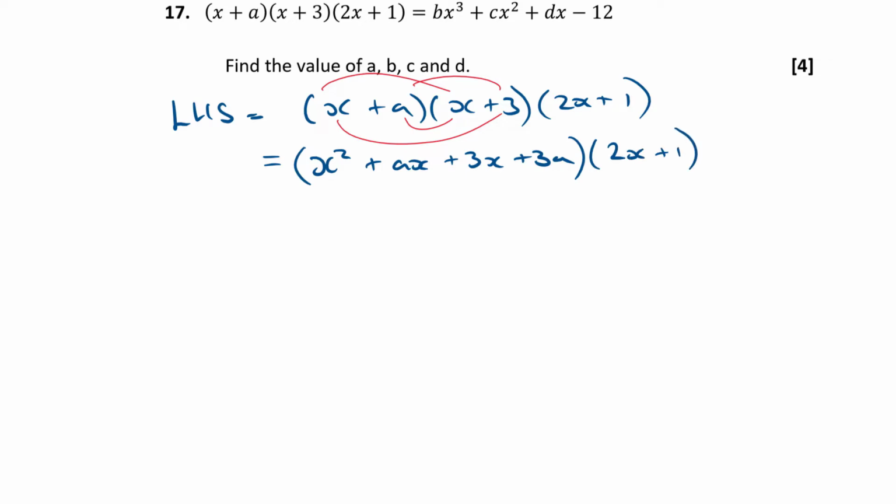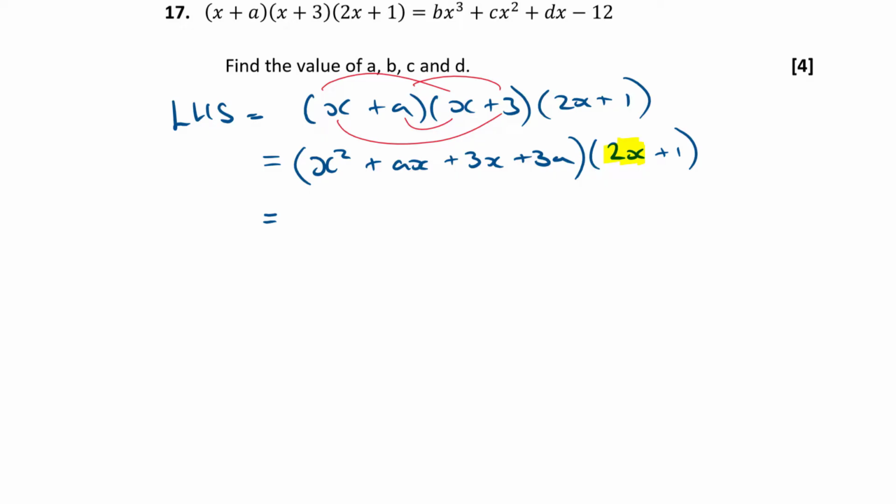Okay, so now it's not so easy to collect them together just yet. So everything in the first bracket I need to multiply with everything in the second bracket. So I'm going to take everything in the first bracket and multiply it first by 2x.